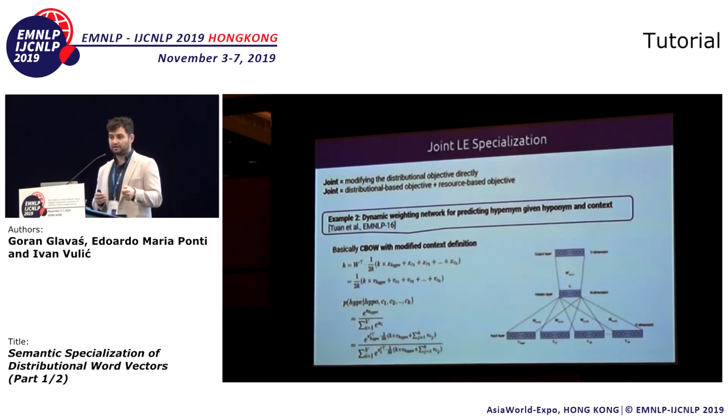So if I have a context in which my hypernym is appearing, I add from my lexical resource the set of its hyponyms, and then I encode that context and I want to predict my hypernym word. So there's no modification to the model. It's basically CBOW, but there's a context manipulation that is based on the constraints that come from an external resource.